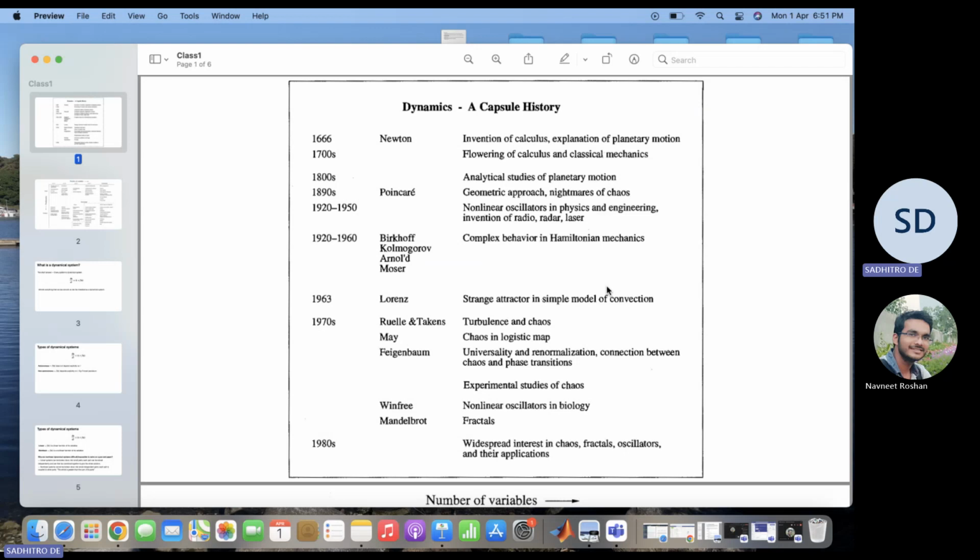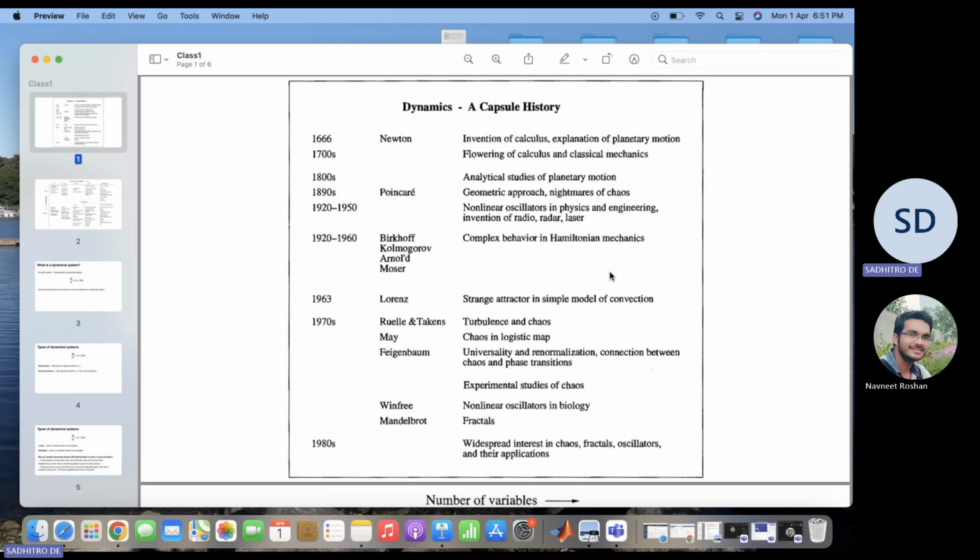So Lorenz was a meteorologist and he was basically trying to simulate the dynamics of atmospheric flows. So he had three equations. And when he simulated the three equations, then for a certain value of a parameter, he saw something very interesting. He saw that for two initial conditions which were almost similar to each other, their evolution after a certain point of time differed drastically.